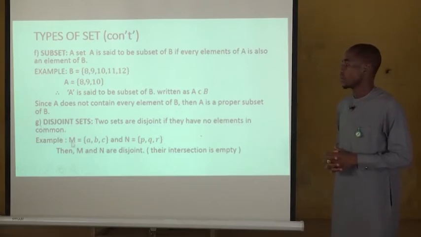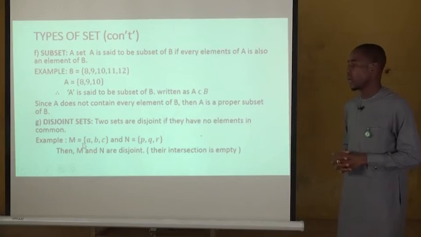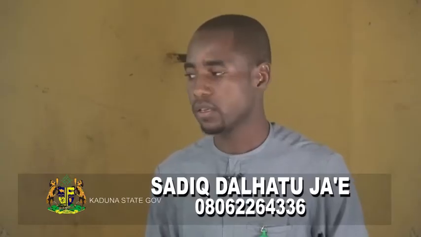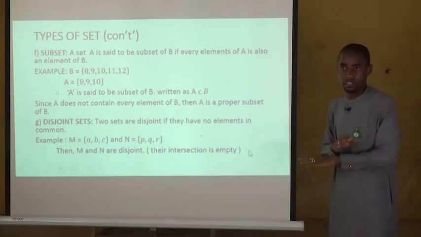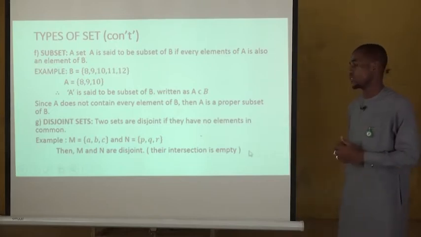Example, M is a set of elements A, B, and C, and N is another set of elements P, Q, and R. In set M and N, there are no elements that are common. Then M and N are said to be disjoint. That is, their intersection is empty.